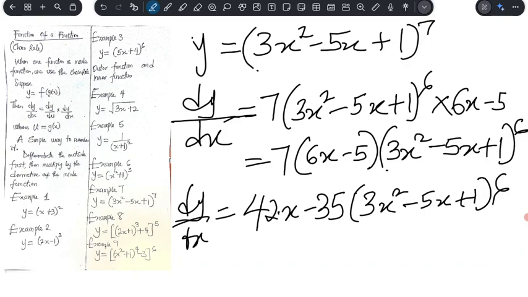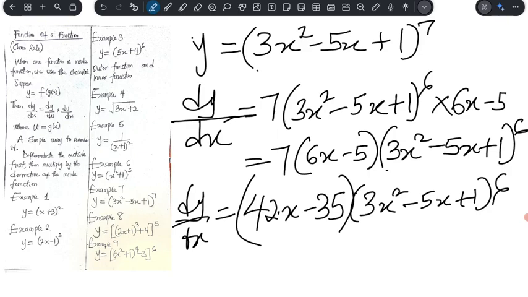So in any of this, the answer can be 7 bracket 6x minus 5, open a bracket, 3x squared minus 5x plus 1, and at the same time, it can also be 42x minus 35, and then we close the bracket.